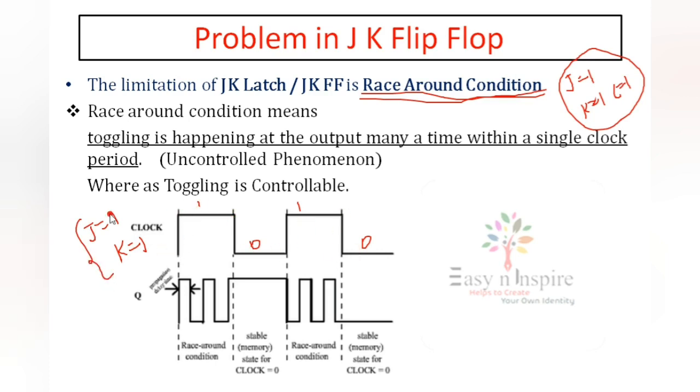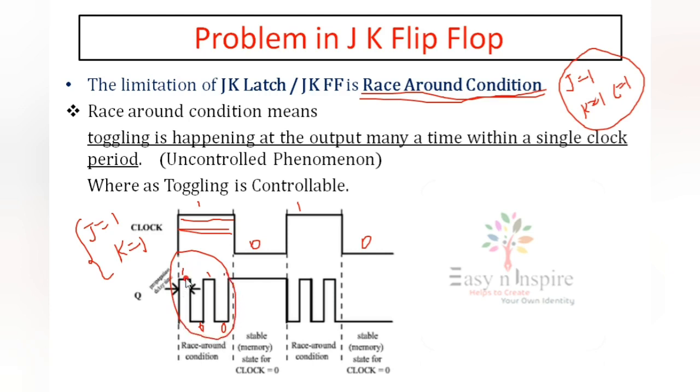When J equal to 1, K equal to 1, clock equal to 1, the output is going to toggle like this, 1, 0, 1, 0. In this duration, the output is changing from 1 to 0 and 0 to 1, again 1 to 0. Within a single clock period, the output is varying here.